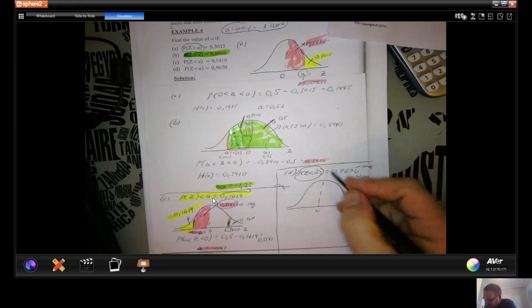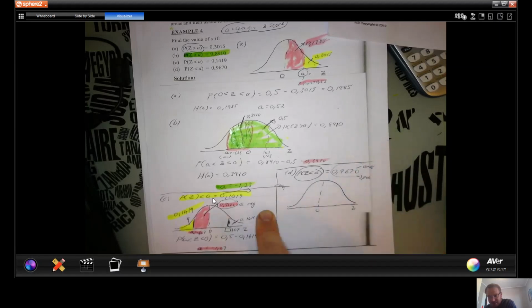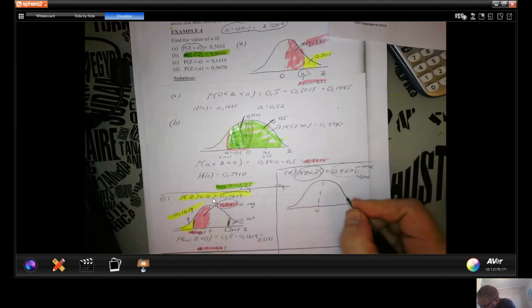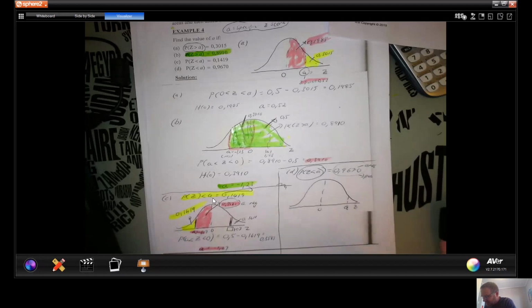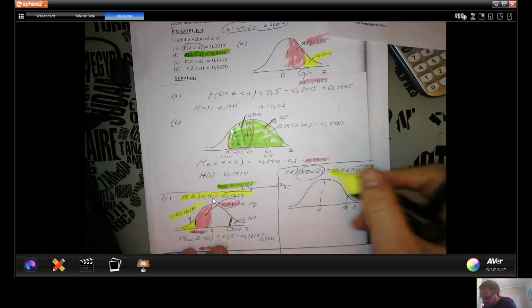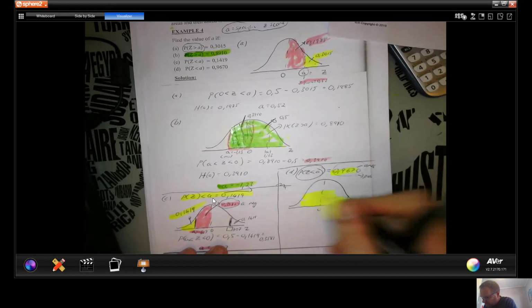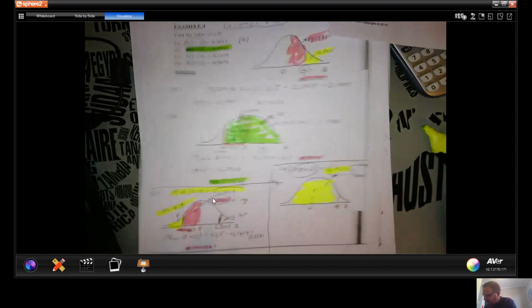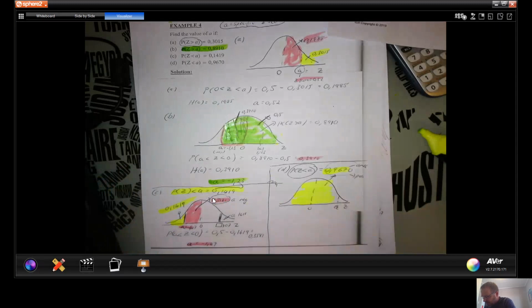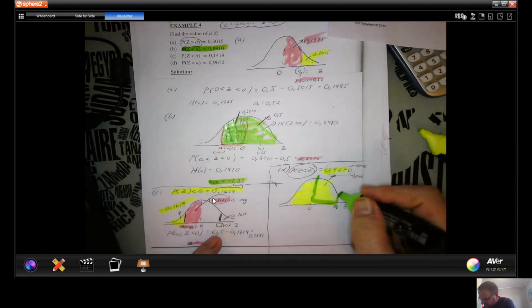We want 96.7% of our data to be to the left, so A is going to be quite far to the right here. So this area in yellow, this whole area, is 0.9670. But our table only deals with the area surrounded in green here.